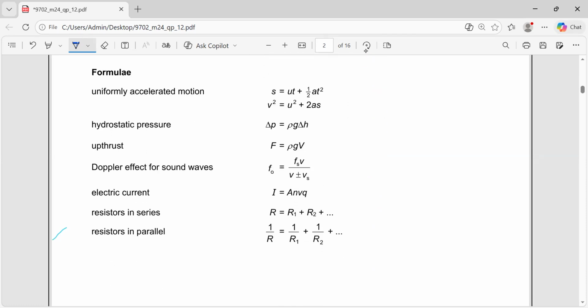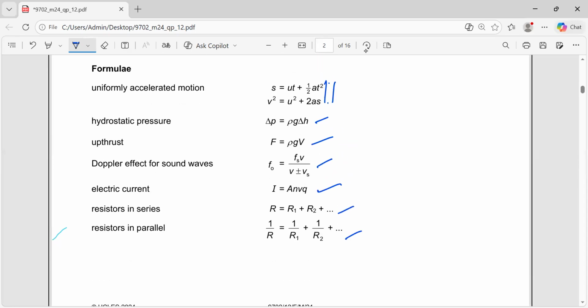And only these formulas are provided to you for the paper. This includes two of the equations of motion, like the third and fourth equation of motion, the hydrostatic pressure formula, the upthrust formula, the Doppler effect formula, the I equals nAqv formula, and adding resistors in series and parallel. That's it. No other formula will be provided to you.